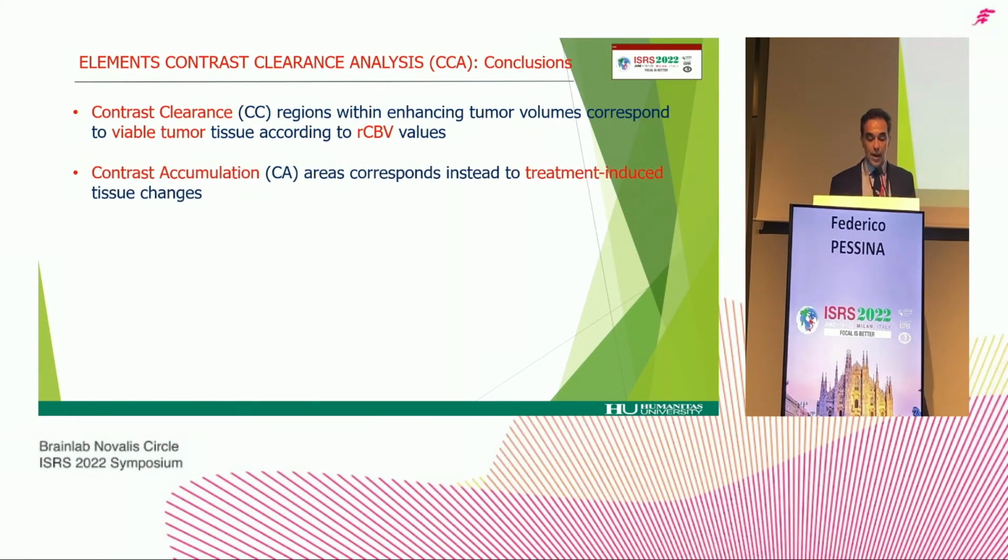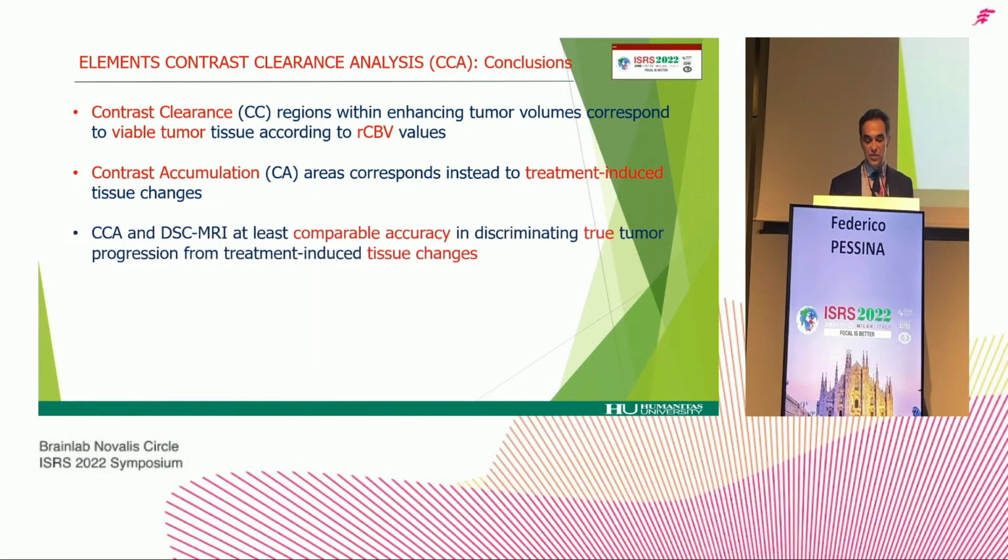So, in conclusion, our preliminary experience showed a good correspondence between the data derived from the TRAMS maps, both in detecting tumor progression and treatment-induced tissues, with a superposable result in comparison with the perfusion MRI, but with an accuracy probably superior in the detection of progressive disease.